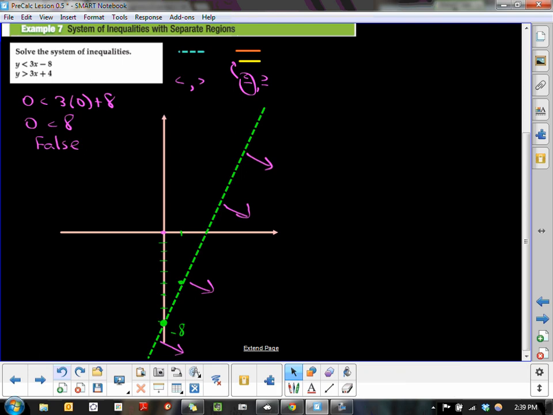The second one that we're going to do is our line y is greater than 3x plus 4. So now I want to go up 4 units. So we'll march up 1, 2, 3, 4, best that we can. We're up here at 4. And now our slope is identical, so we'll want to go up 1, 2, 3, and right 1.